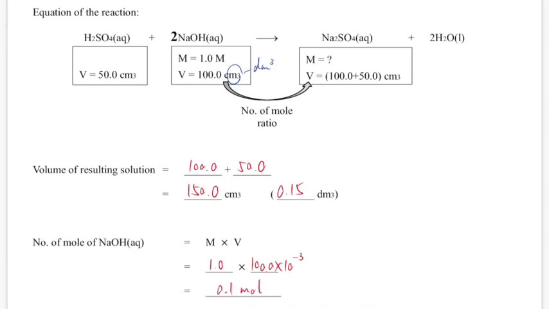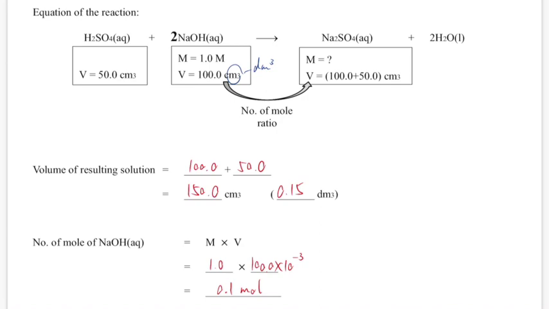Okay, so from here, if we know the number of mole of sodium hydroxide, how do we work out the number of mole of sodium sulfate? Remember in Unit 12, I told you the way to work it out is to divide it by others and multiply by yourself.